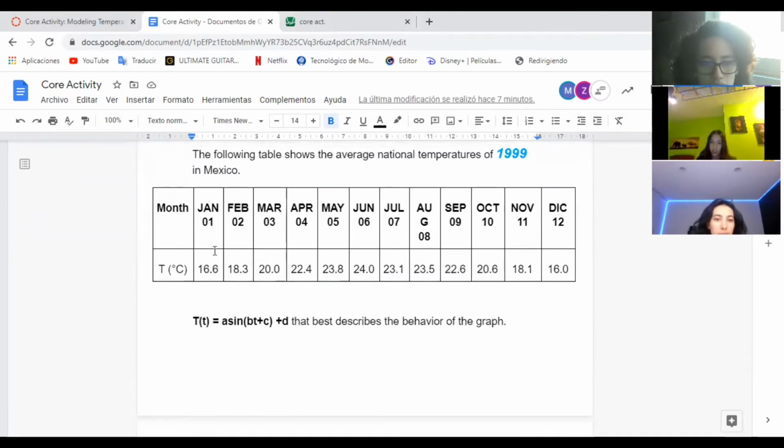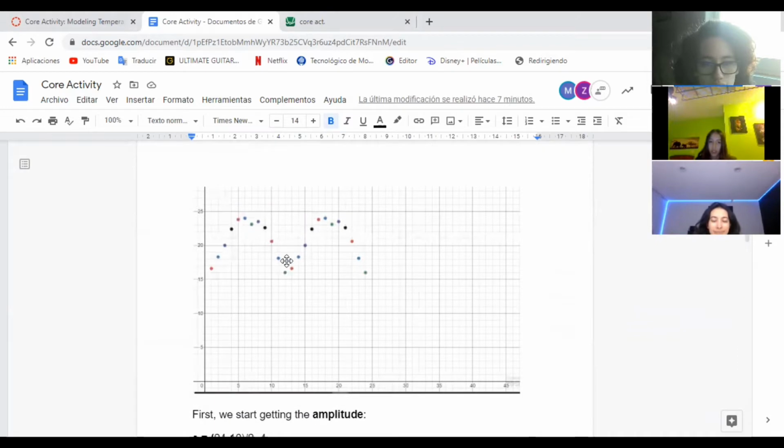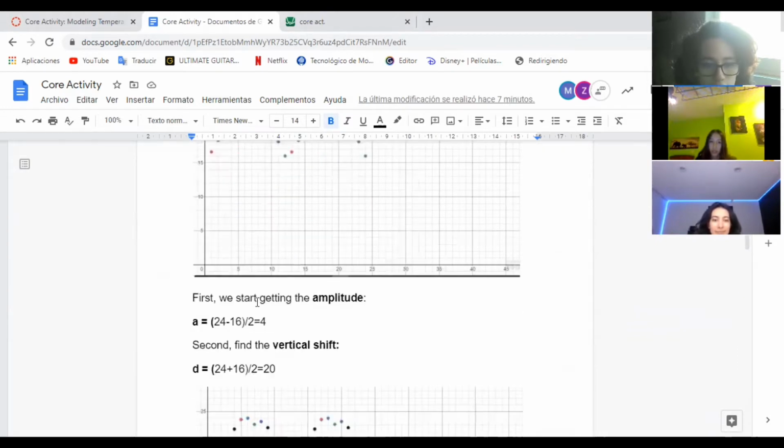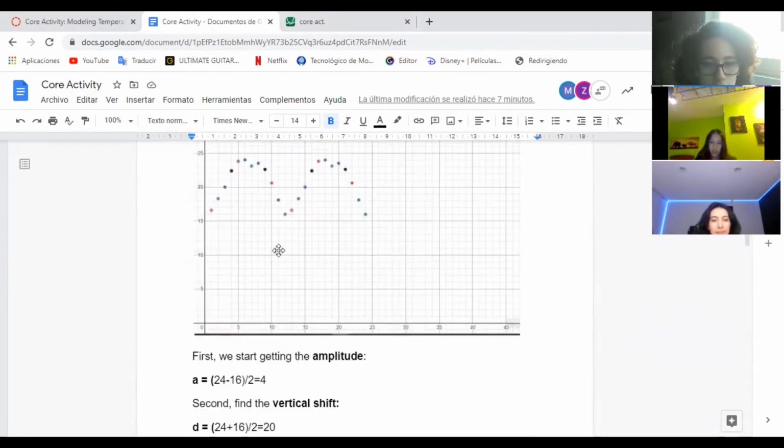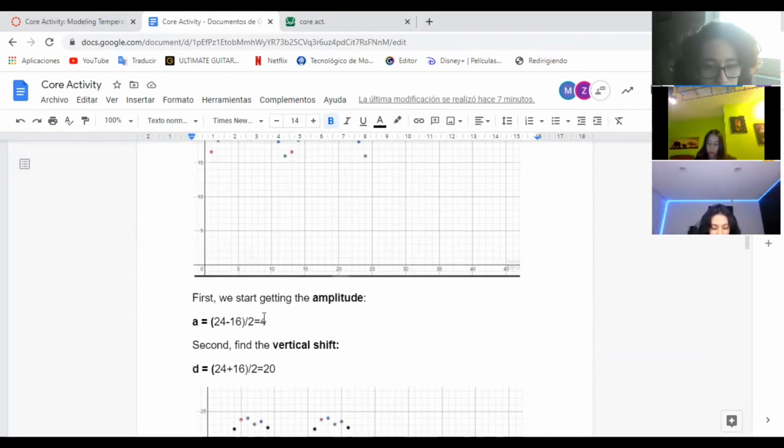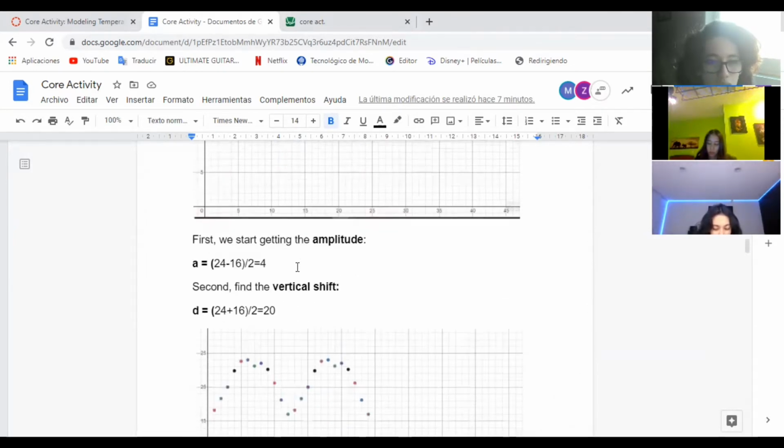And so based on this information, we did this graph in Desmos, and we took the amplitude by taking off the minimum y axis of the maximum and dividing it by 2, and we had 4 for the amplitude.